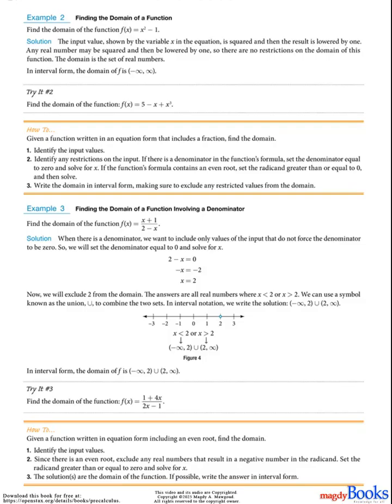The domain is the set of real numbers. In interval form, the domain of f is (-infinity, infinity). Try it number 2. Find the domain of the function f of x equals 5 minus x plus x cubed.